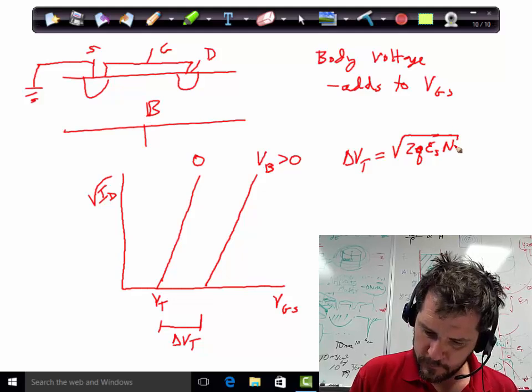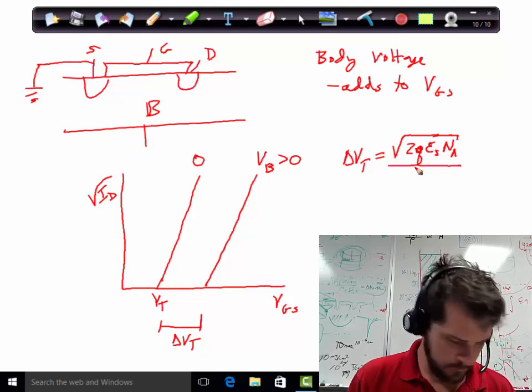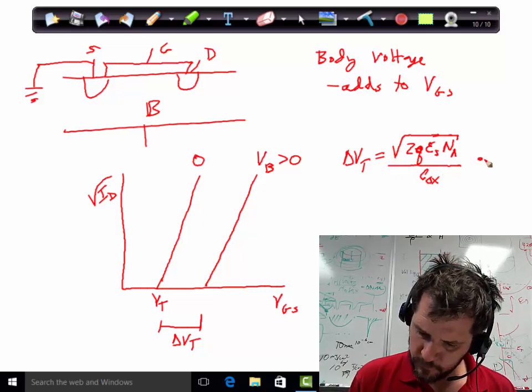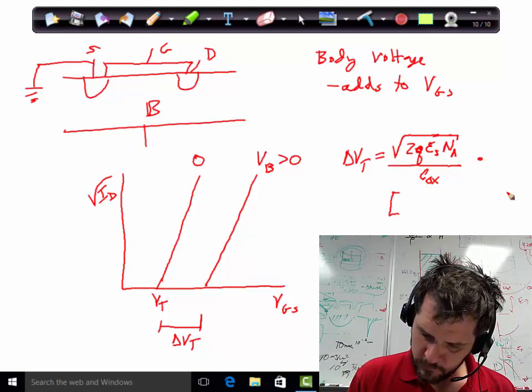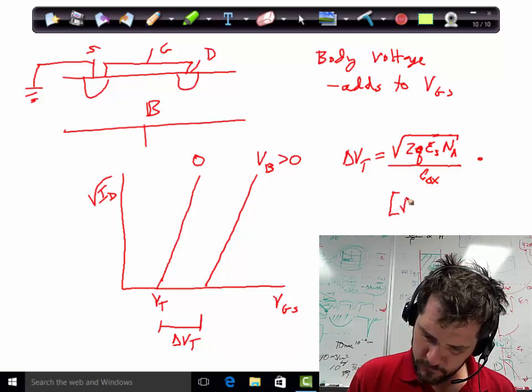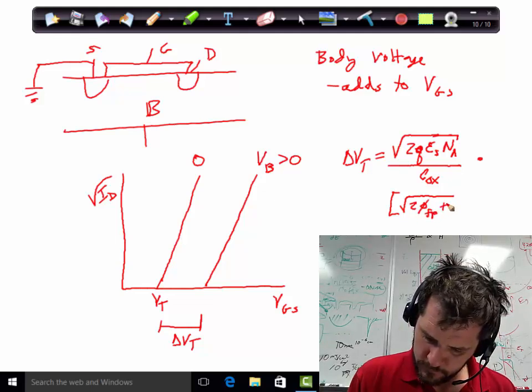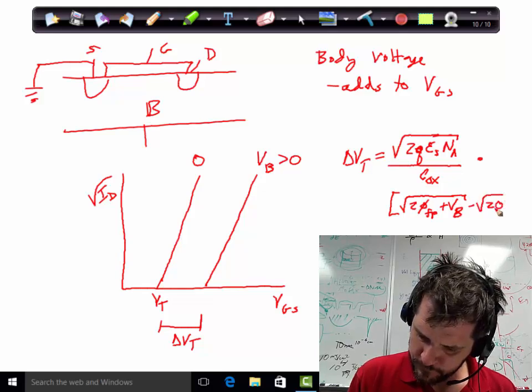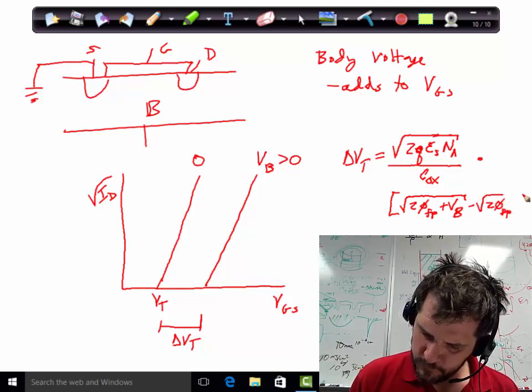So basically this form tells you that it has something to do with the depletion width changing, over C ox, and then times the quantity that I'm going to move down in brackets here, square root of 2 phi fp plus V base, minus square root of 2 phi fp.